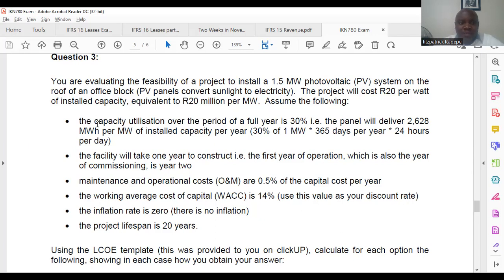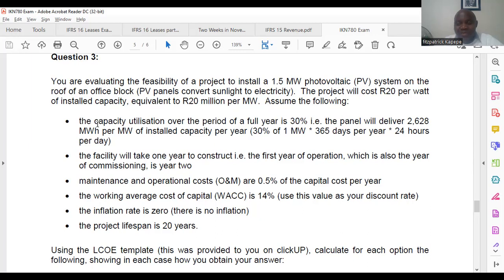Assume the following. The capacity utilization over the period of a full year is 30%. The panel will deliver 2,628 megawatt hours per megawatt of installed capacity per year, which is 30% times 365 times 24 hours per day.